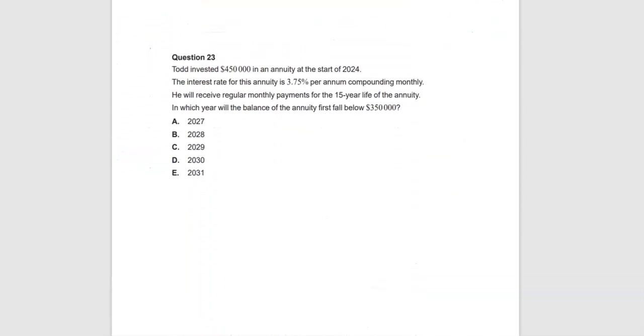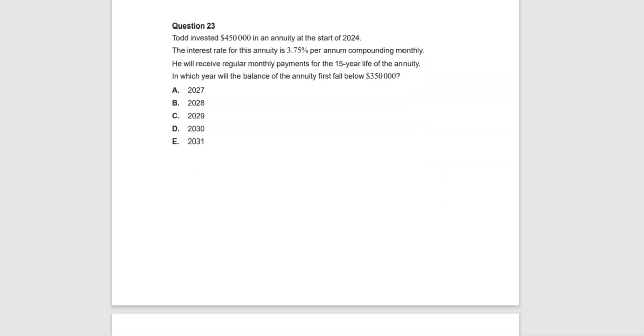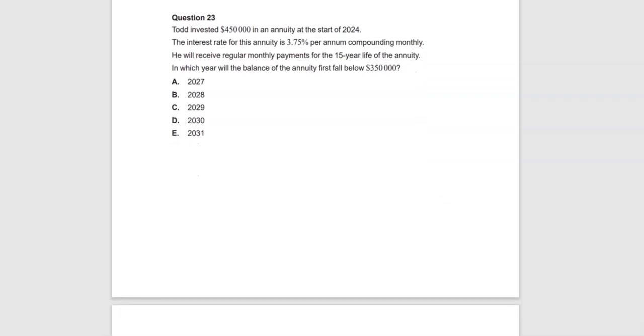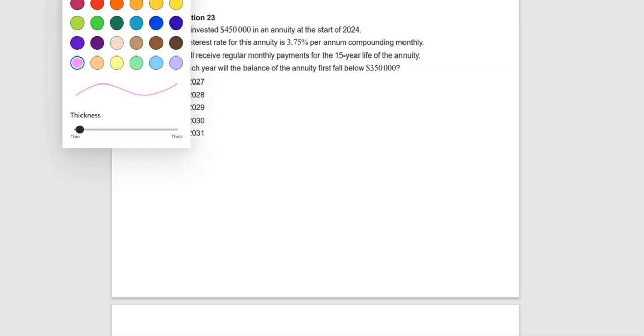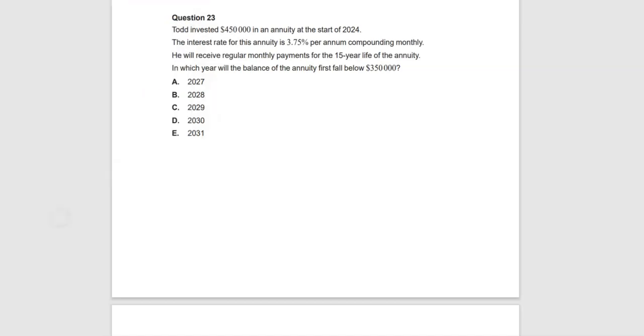This next one: Todd invests $450,000 into an annuity at the start of 2024. The interest rate is 3.75% per annum, compounding monthly. We're getting near the end of finance, so just start popping in those triggers so that we can remember. You're going to be using Finance Solver probably.